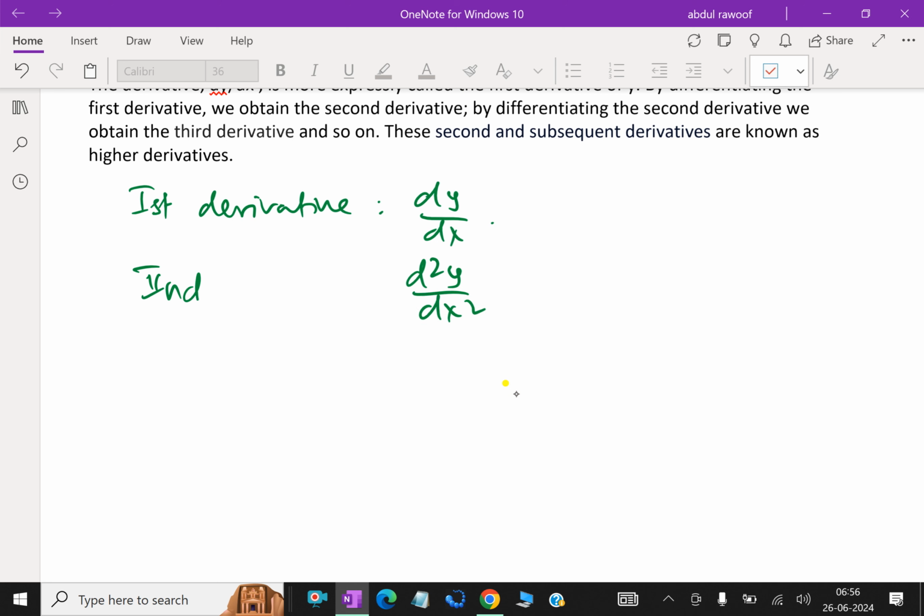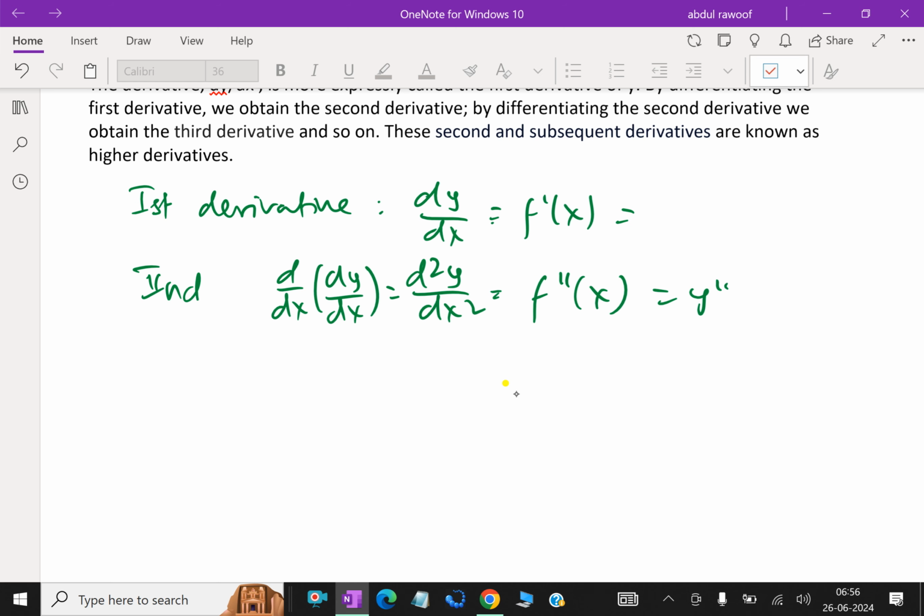Further, the second derivative is d by dx of dy by dx. We can represent this as f double dash of x or y double dash. Here f dash of x and y dash are the first derivatives.